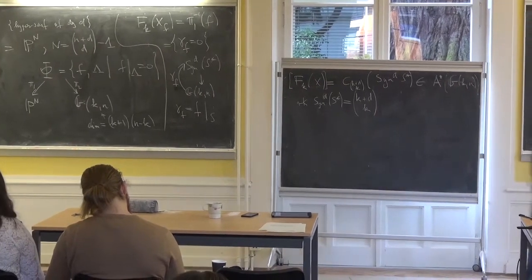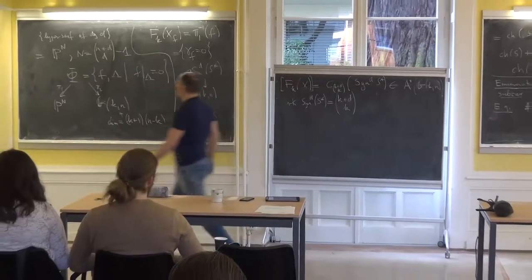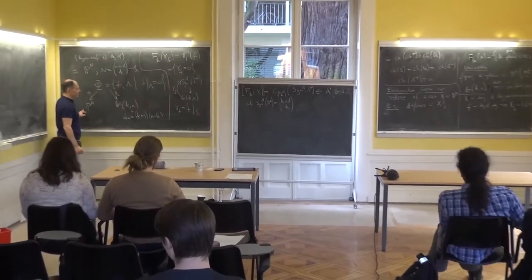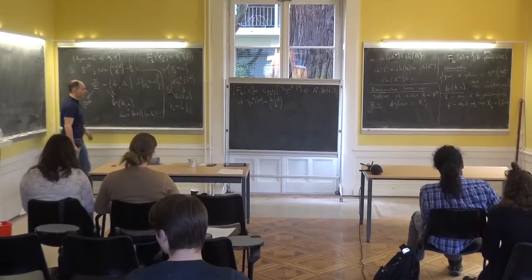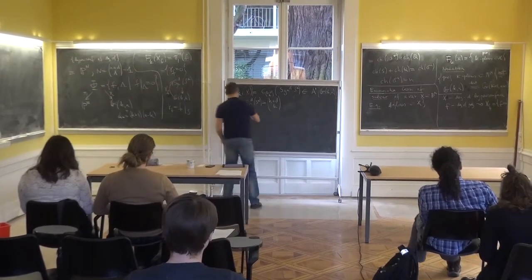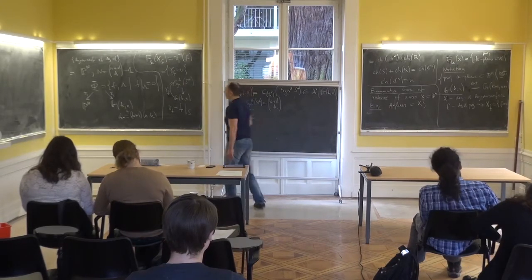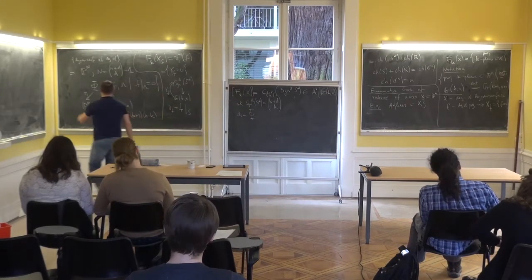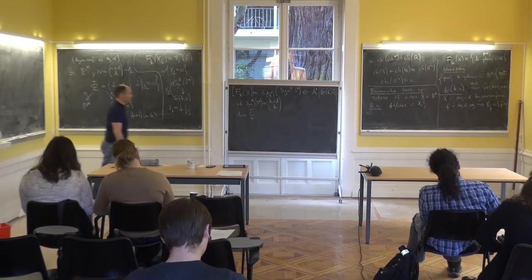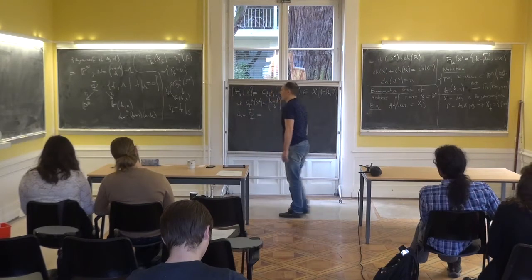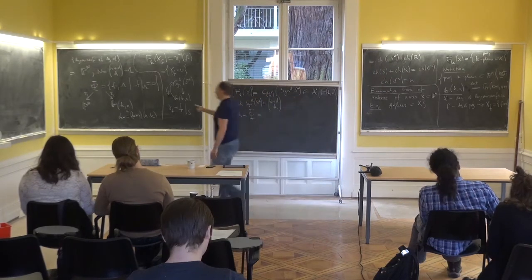Okay, so maybe another dimension calculation just follows from this, since we now have all of the formulas. So the dimension of this space, capital Phi, is just, how do we calculate it?